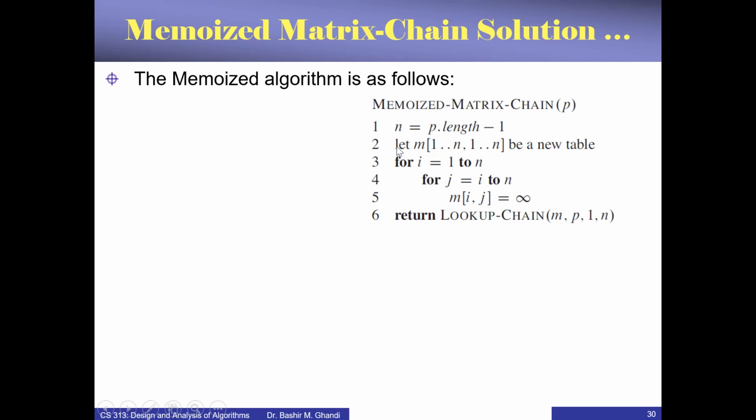Define an array m of length n by n, so 1 to n, 1 to n. Notice here we are deliberately defining only the array m, not the array s, because you're going to be asked to do a modification that will also introduce the array s as an exercise.